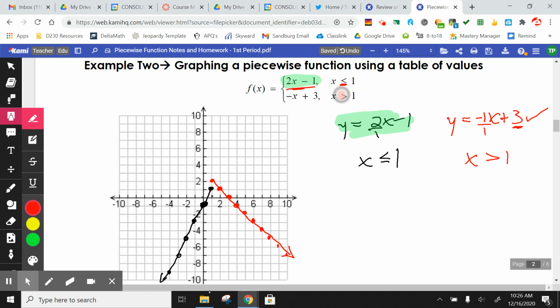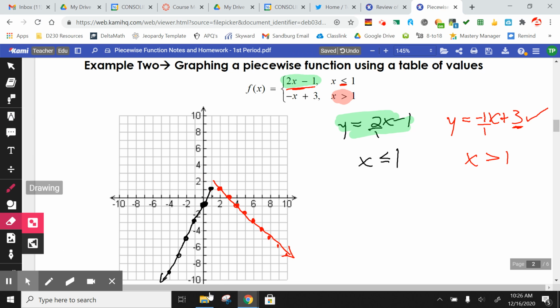But take a close look at this guy. Does this one have an equal to underneath it? What that means is we don't want that first dot at 1 to be closed. So what I want to do, hopefully I can just erase that one dot, is we want to go there and we want to make this an open dot on that graph.